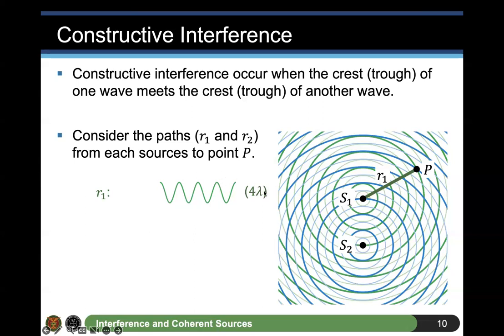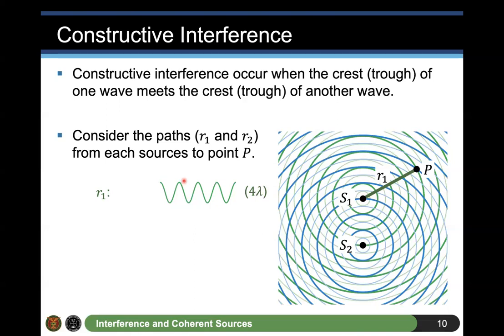Ngayon, bakit siya 4 lambda? Kasi ang lambda is yung wavelength. Siya yung length of one crest to the other crest. So, from point S1 to the next crest, 1 lambda lang yon, di ba? Tama? So, parang 1 meter, di ba? Parang gano'n. 1 lambda lang yon.